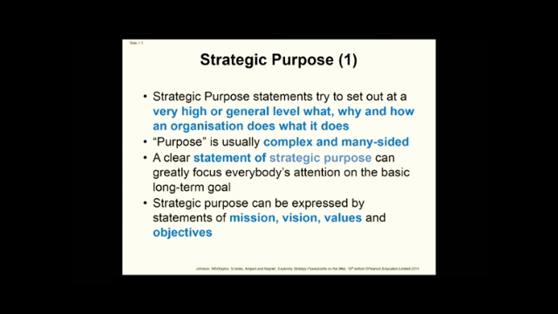As soon as you start to expand even a little bit the purpose statement of a university beyond just saying it's research and teaching, you start getting into lots of complications because everybody wants their particular area of activity to be included in the purpose statement, and the statement of purpose can get to be quite complex and many-sided.